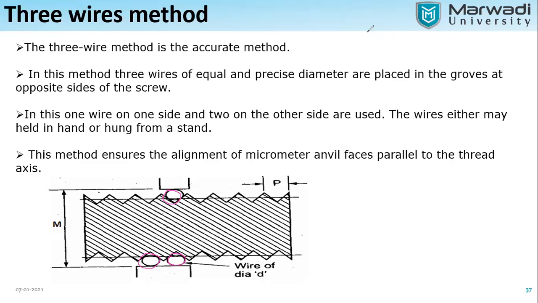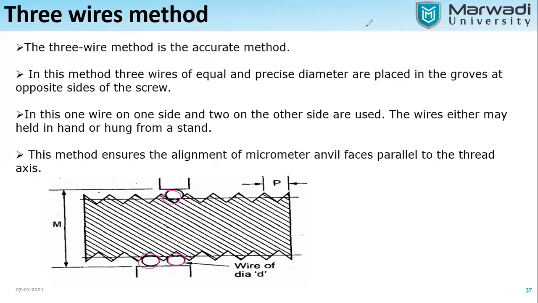Now, as we have found the effective diameter by using the two wire method, it is not desirable to go for the same measurement with the three wire method, because we would have to follow the same process.